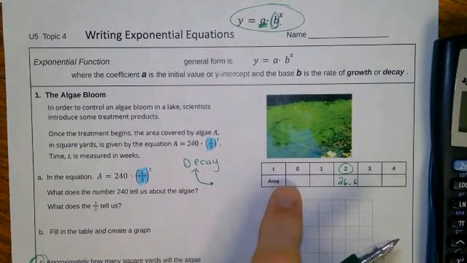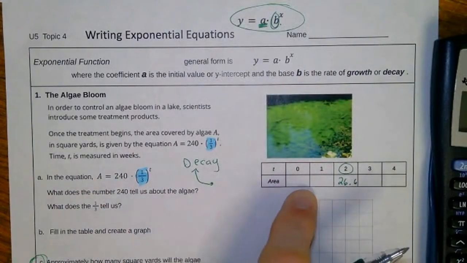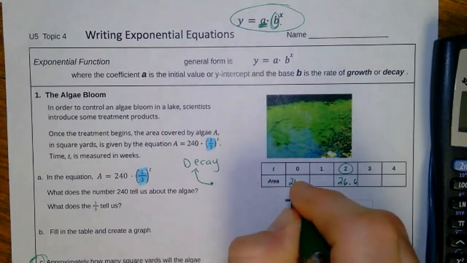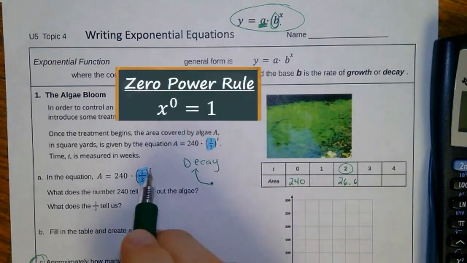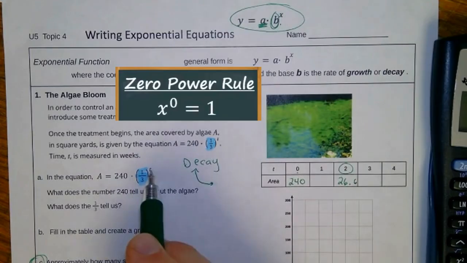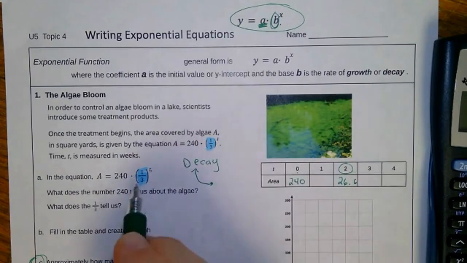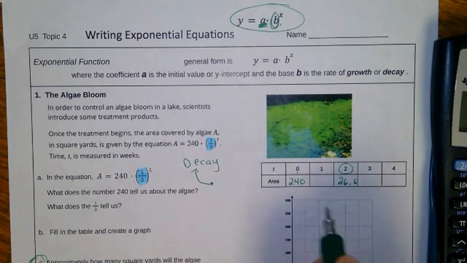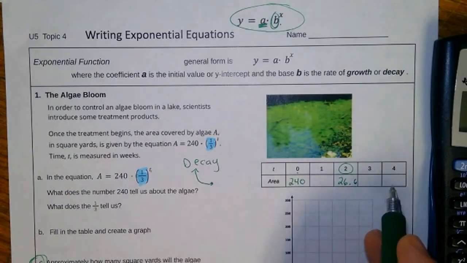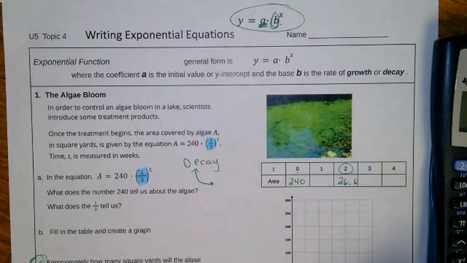As you type in these numbers, remember the initial number, that's where it starts at. And we learned on our previous lesson, anything to the power of 0 is equal to 1. So 1 times 240 is 240. This number should go down. It'll go to 226, down and down. Make that graph happen.